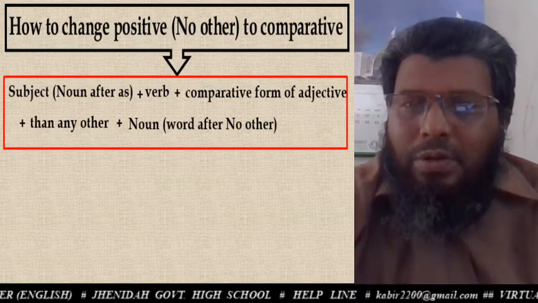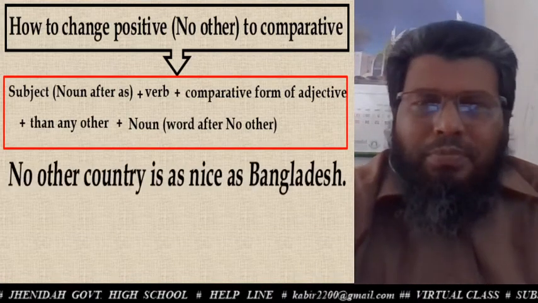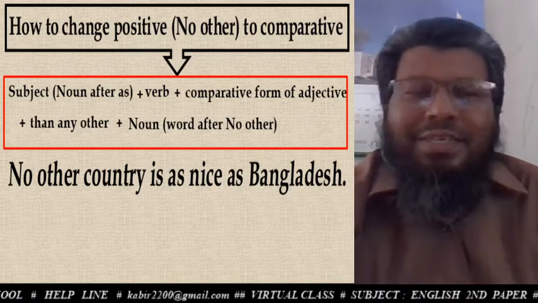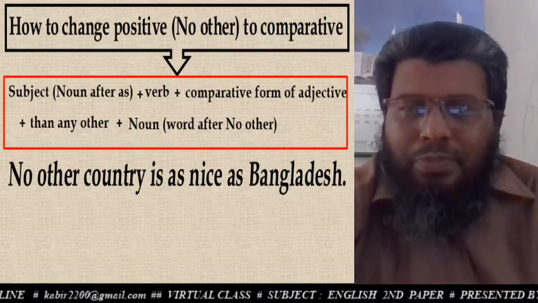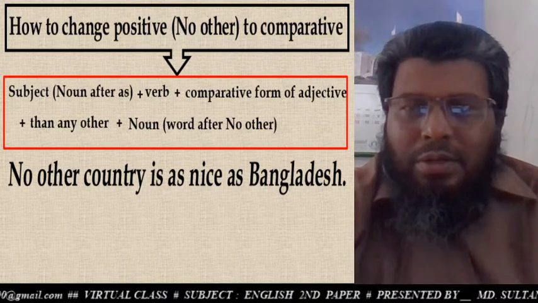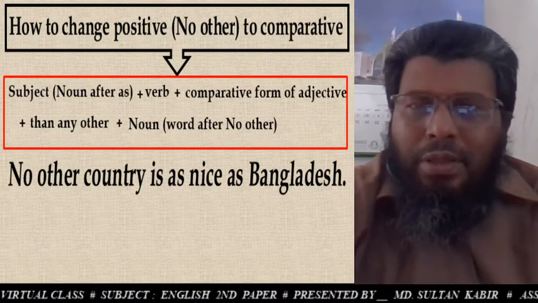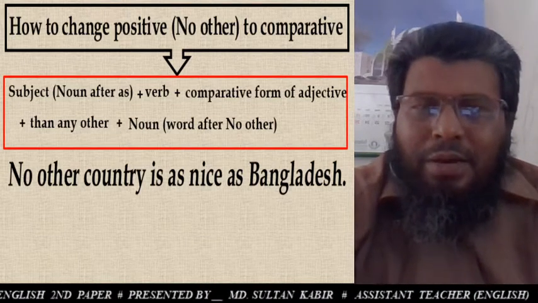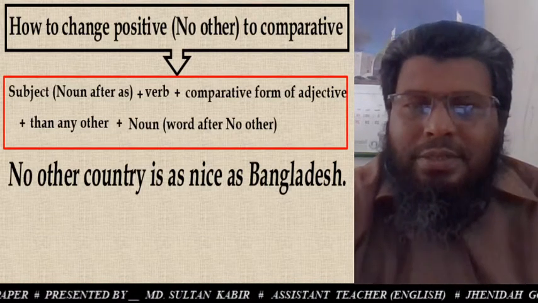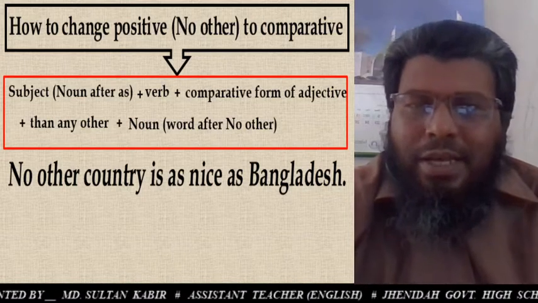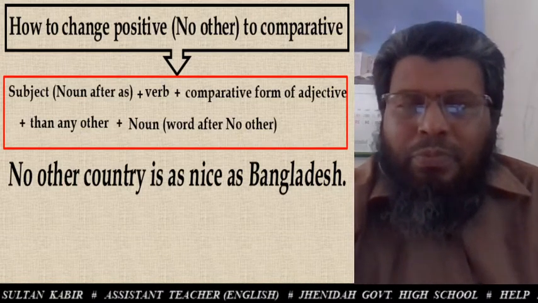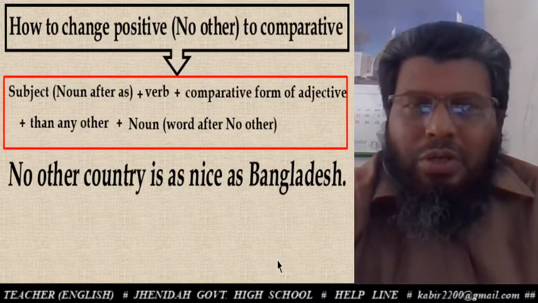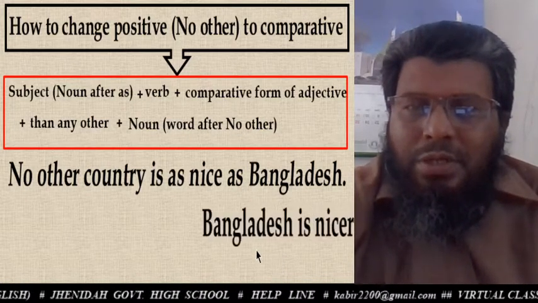Okay, fine. So now look at the example, dear learners. No other country is as nice as Bangladesh. Here at the beginning no other, then country, then verb, then as, and after as there is the adjective nice, after nice as, then Bangladesh. So by following this structure we can change this into comparative. So what?